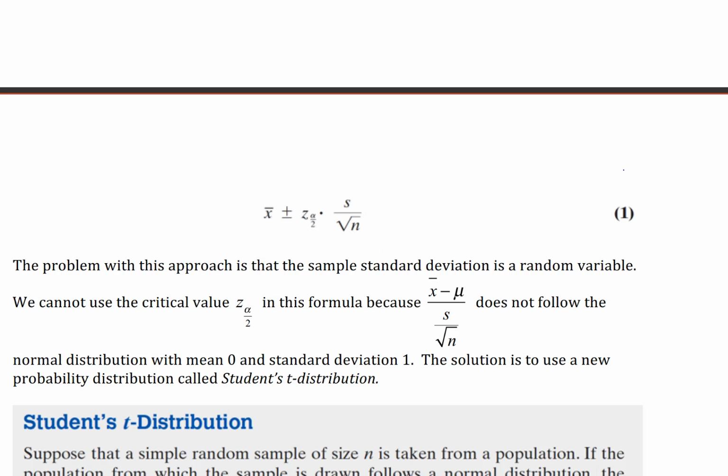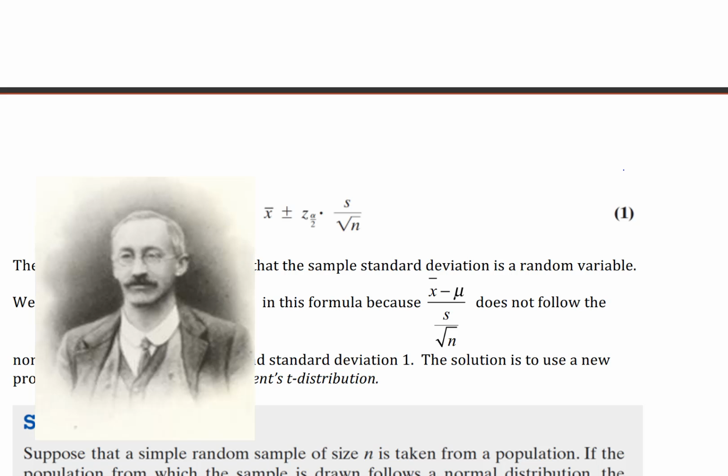And in fact, this approach, marked with the number 1 there, was the approach used for quite some time, until a guy named William Gossett came along and realized that using z for a critical value when you don't know sigma ends up with intervals that capture the unknown parameter at a lesser rate than you would have thought.